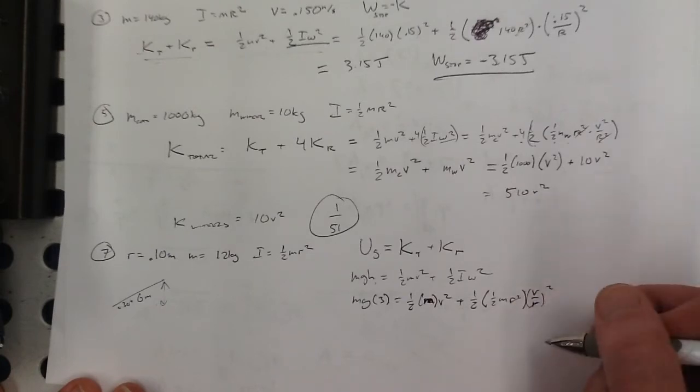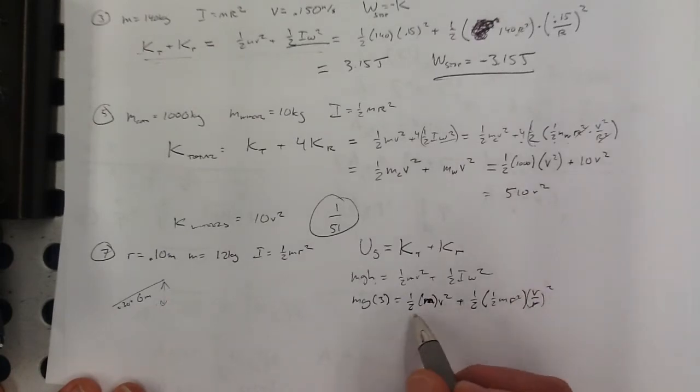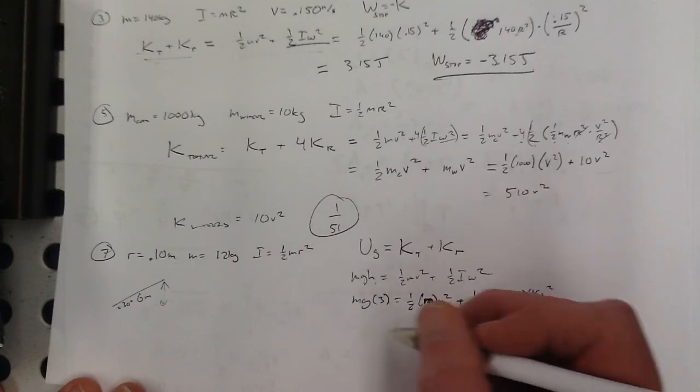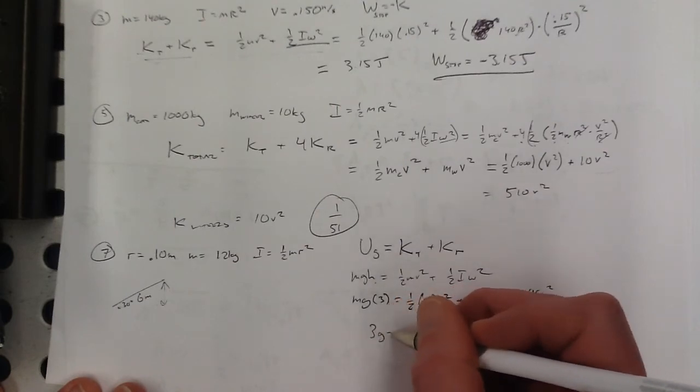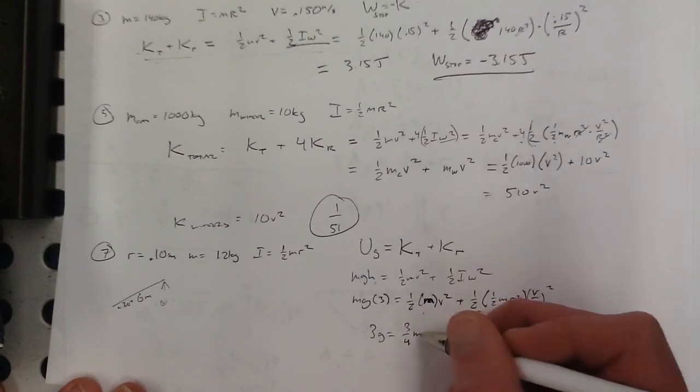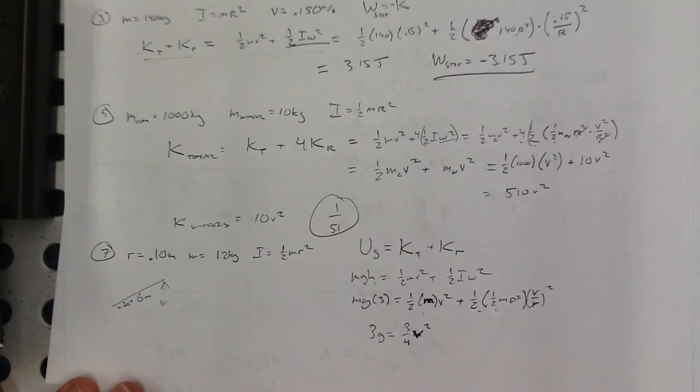So I've got 1/2 mv squared plus a quarter of an mv squared. So the m's cancel out, and I get 3g is equal to 3/4 of a v squared. Is that right? I think that is correct.